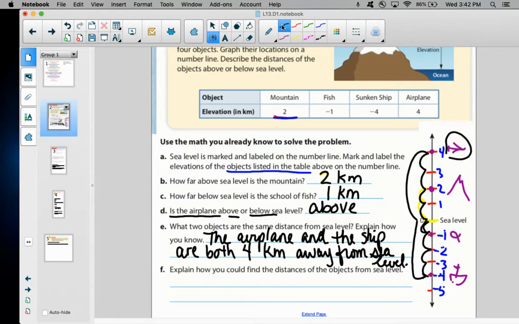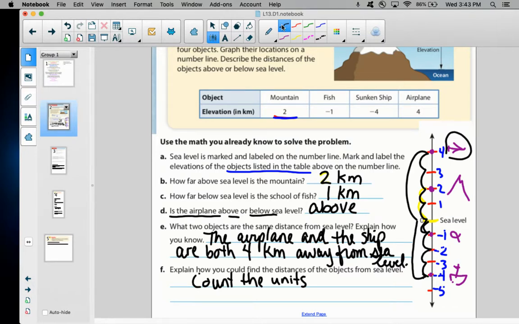So when we're explaining how we can find the distance of an object from sea level, all I'm doing is counting the units on the number line. So I'm using that visual of the number line to count the units to tell which one is far away from 0 and how many units that is.